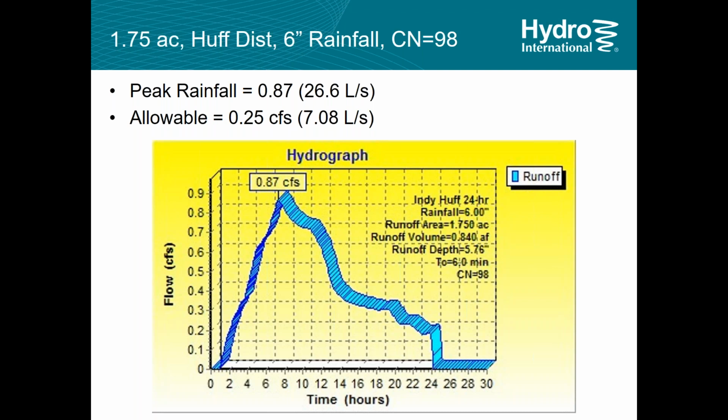If we look at, say, 6 inches of peak rainfall and a highly impervious site with a CN value of 98, typical of these intense inner city sites, and do a model on that, we find that the peak rainfall, 6 inches, is producing about 0.87 CFS, roughly 26.6 litres per second inflow. We've got to limit that to 0.25 CFS on the outflow side.